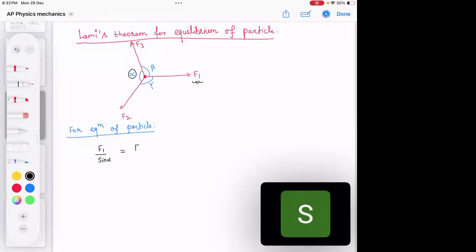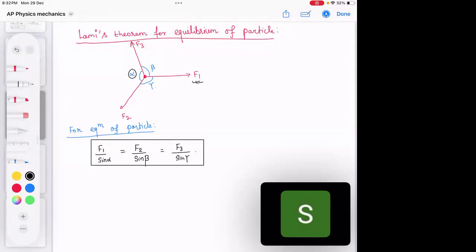Look at the F2 force and tell me what is the angle in front of F2? Is it beta? So sine beta. And in front of F3, what is the angle? It is gamma, isn't it? Sine gamma. This theorem is called Lami's theorem for equilibrium of the particle.